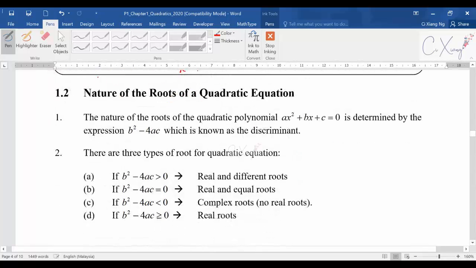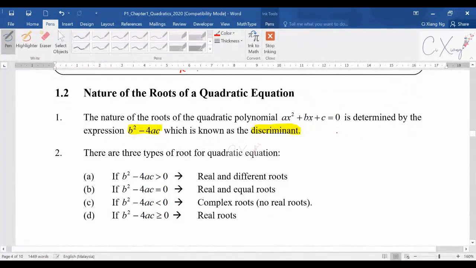Okay, so let's have a look into the details now. The nature of the quadratic polynomial is determined by the expression b squared minus 4ac, which is known as the discriminant.